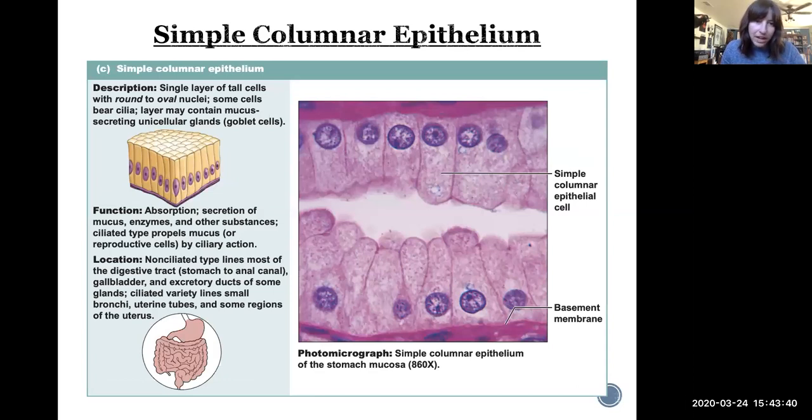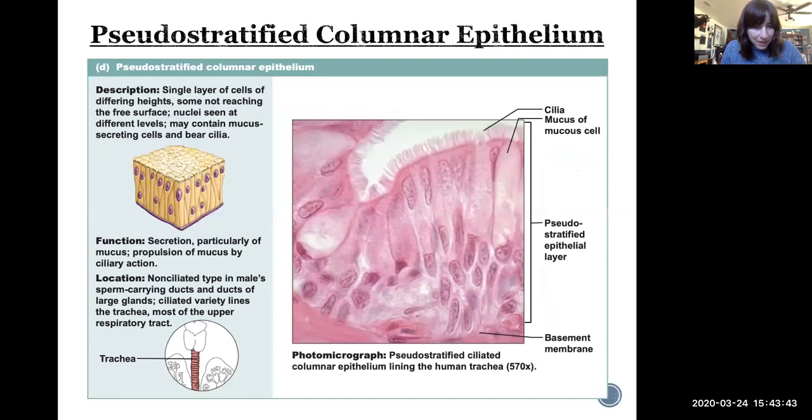Excretory ducts of some glands for simple columnar, and ducts of large glands for pseudostratified columnar. So yeah, some of these do overlap, and they overlap in function as well. Yeah, it's true.